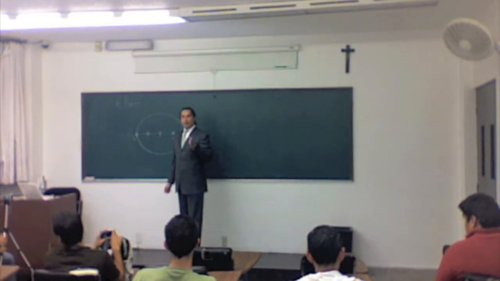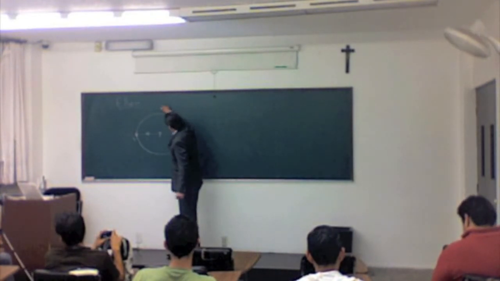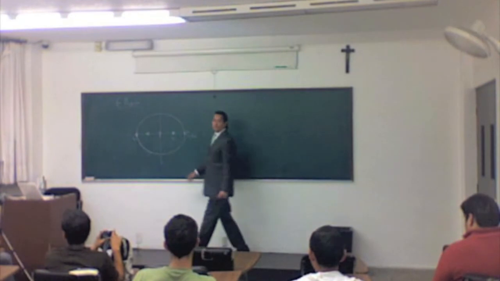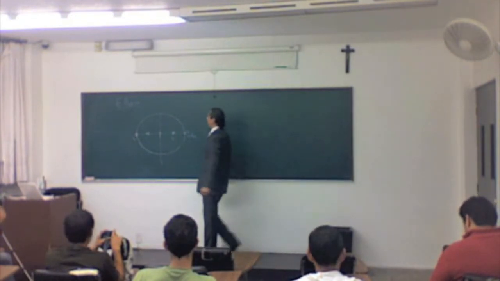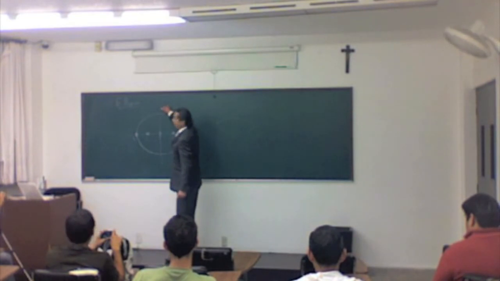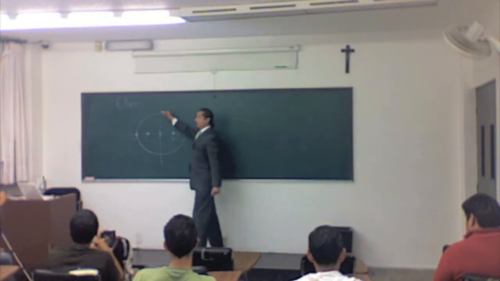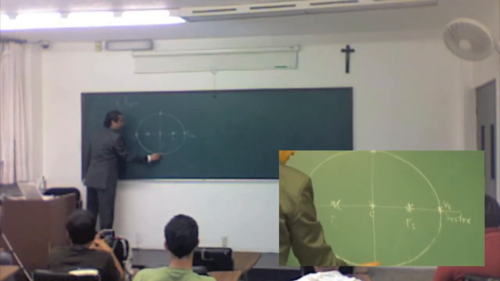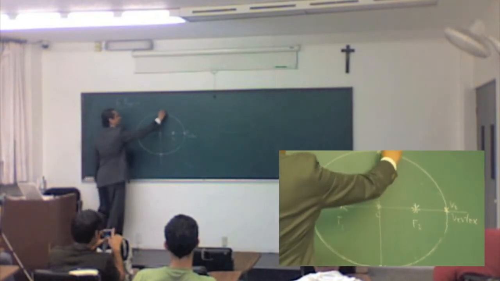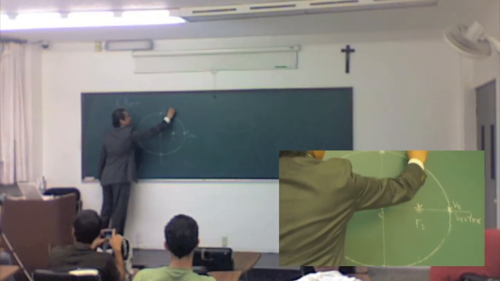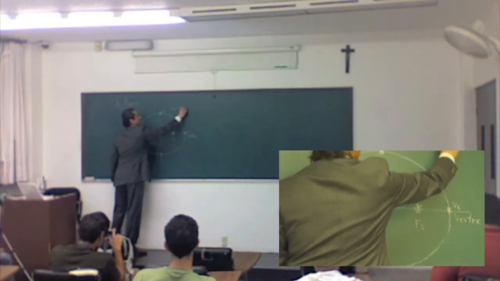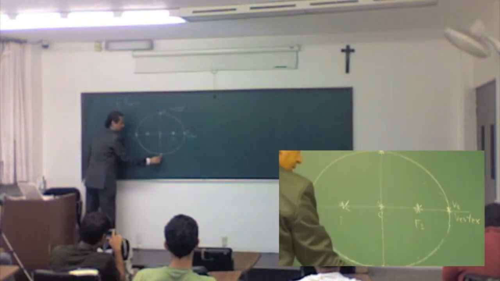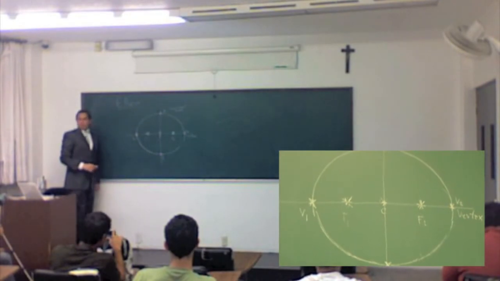We have another axis, perpendicular to the focal axis, which we call the transversal axis. The transversal axis gives me another 2 very important points, the transversal vertices: this is transversal vertex 2 and transversal vertex 1.